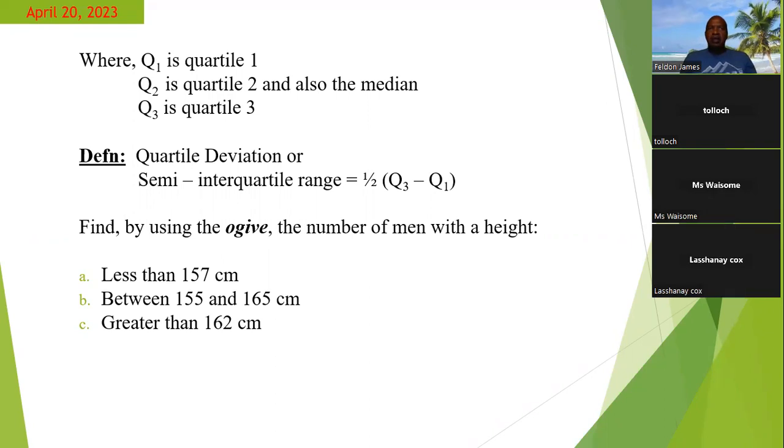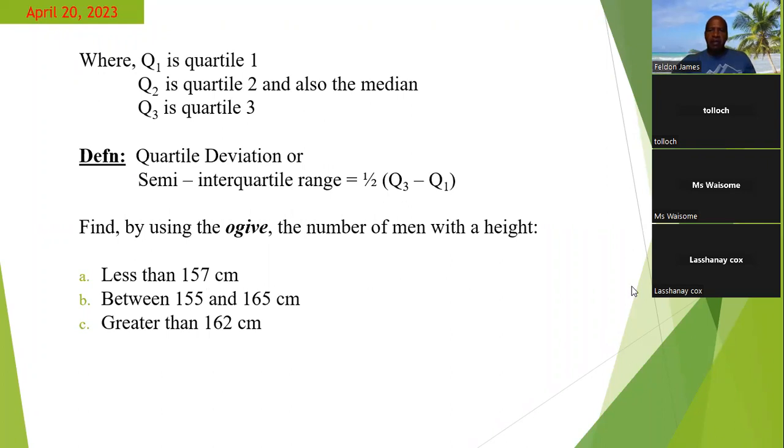All right. Now, remember when we started off, we said that the frequency determines what? The amount of time something occurs. Right. So in this case, the height would be telling the height of men, but the number of men would have to be based on the frequency, because the number of men would be how many men of 157, right?